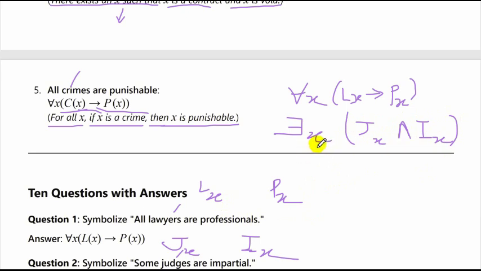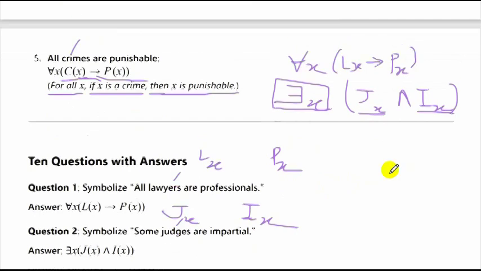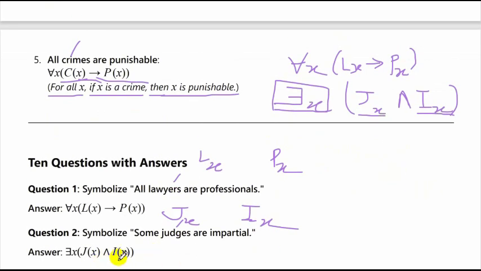We read it as there exists an x such that x is a judge and x is impartial. We don't need to put a bracket, but we can put a small bracket also at the end.